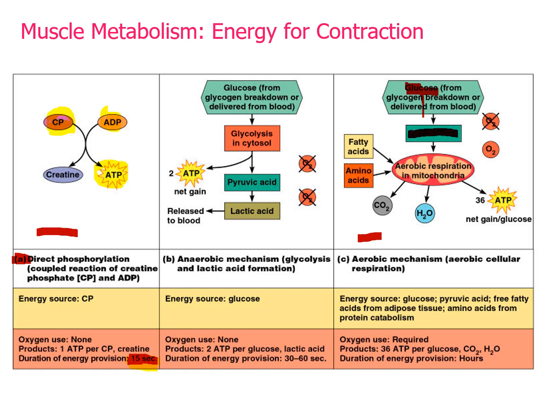Pyruvic acid is converted to acetyl-CoA, and then acetyl-CoA feeds into the Krebs cycle in the mitochondria, followed by the electron transport chain, and you get generation of a significant amount of ATP in this way. You get about 36 ATP molecules per glucose molecule that gets metabolized or broken down.